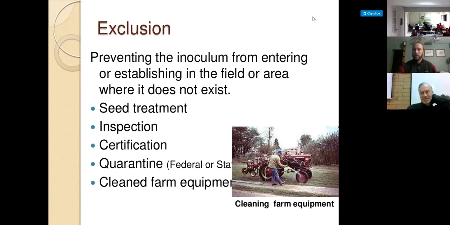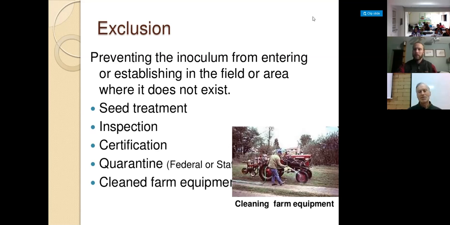Inspection of your planting material. If you're bringing in plants from off of your farm, you can inspect them to make sure they don't have any obvious disease symptoms. There are some certification services, some places that will certify that a seed or a plant is disease-free.